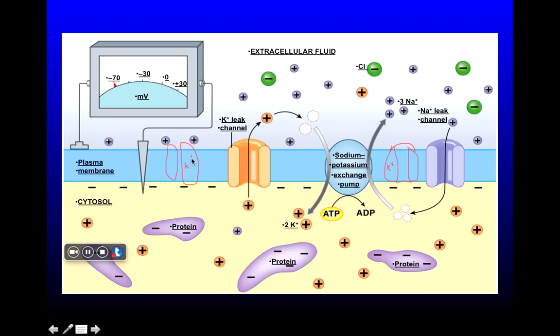So what would your observation be as scientists here? If you're looking at this cell membrane, you would say that there are more potassium leaky channels than there are sodium leaky channels. So let's say that there is more of this that's going to escape, right?